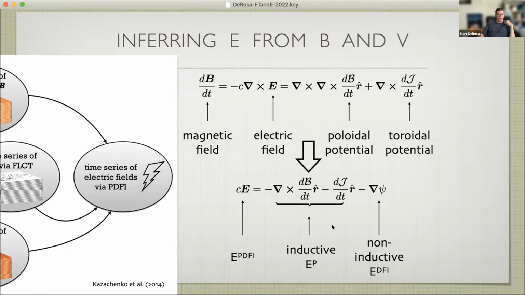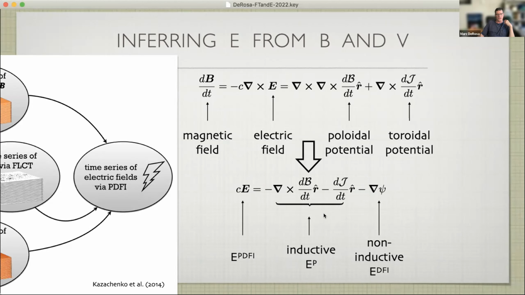If you look in the PDFI papers, essentially what you're trying to do is look at the change of B and figure out what E is. On the surface, you can just see from Faraday's law that this involves sort of uncurling this equation. But when you uncurl that equation, you introduce a constant of integration. A lot of work has been done to try and understand how this constant of integration affects things.